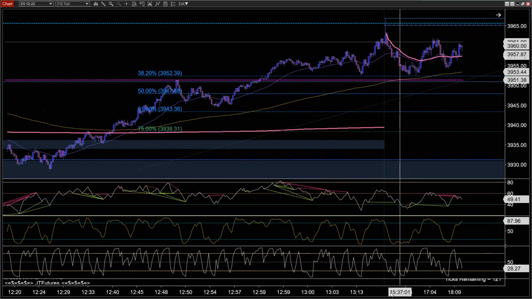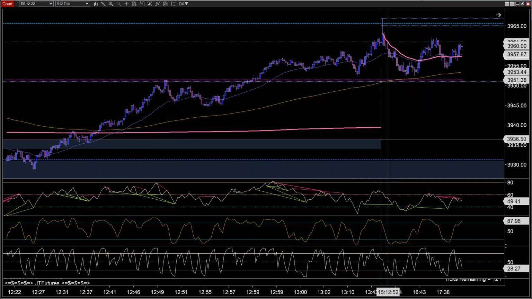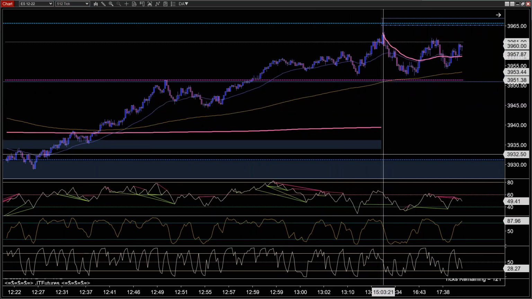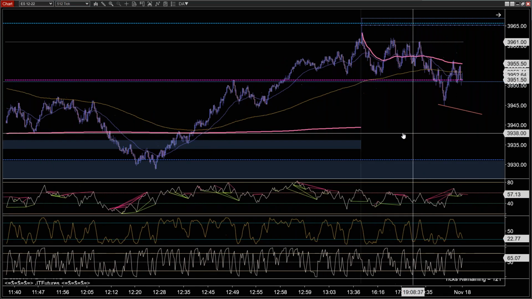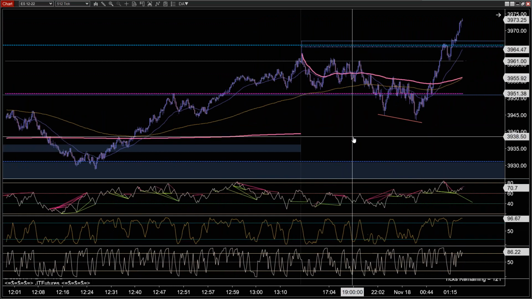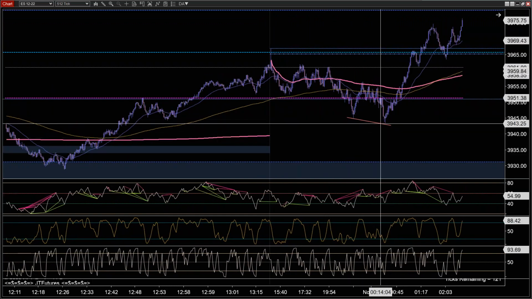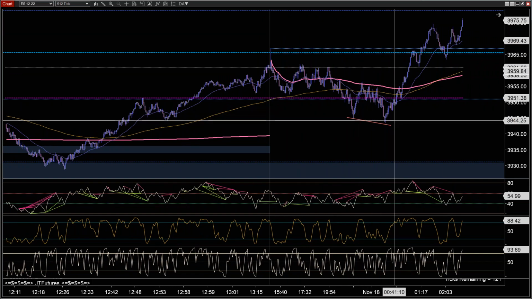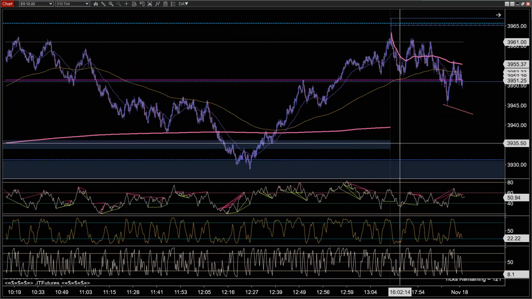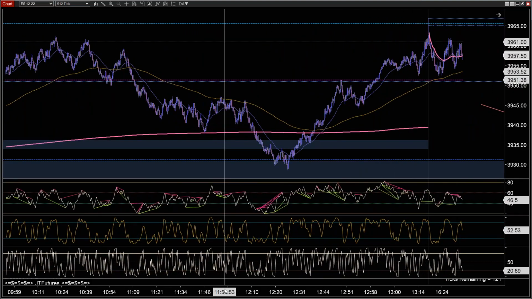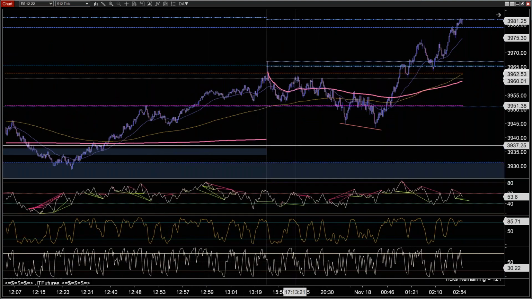So remember I talked about fibs as being one of the important strong support and resistance kind of tools that I use. Here's a great example of going into the overnight session on November 18th, or at least going into the overnight session. We had a nice move here going in, well, this must have been the 17th, right?